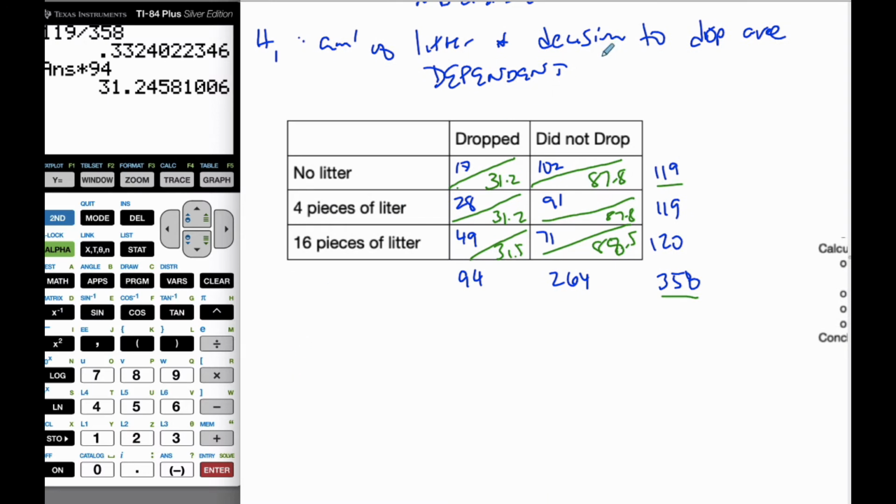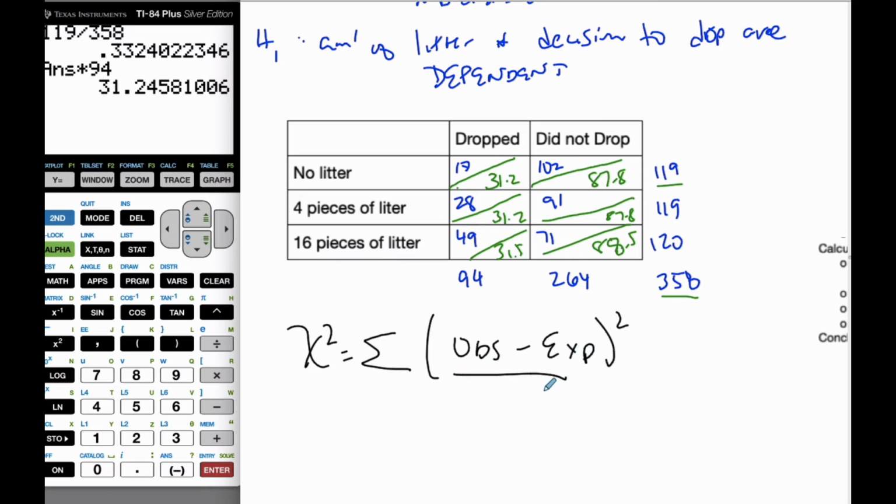And so in order to actually calculate this chi-squared statistic, we are going to do the sum of the observed minus the expected squared, dividing it by the expected. And we're going to do it for each of them.